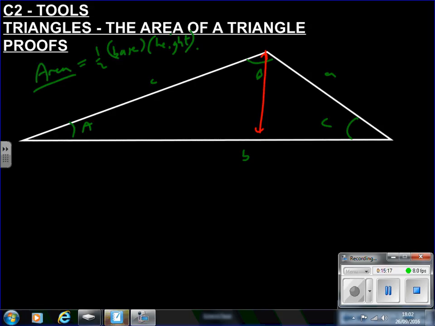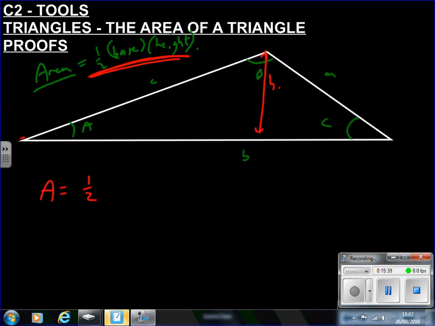There's the height. That's the height we're looking for, isn't it? So our area, another expression, that's for a right angled triangle, isn't it? This half times base times height, or the area of any triangle, half times base times height. But normally we don't know the height. Normally we only know lengths and angles. So maybe there's another expression for the area of a triangle.